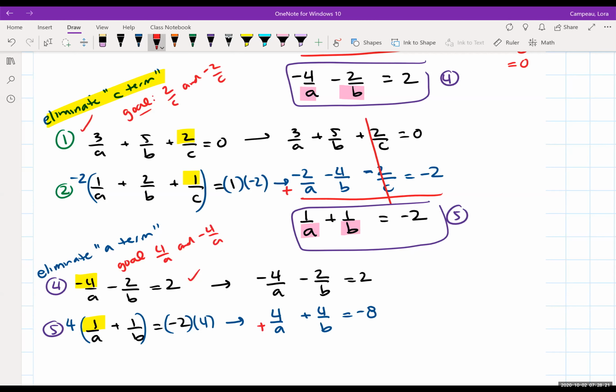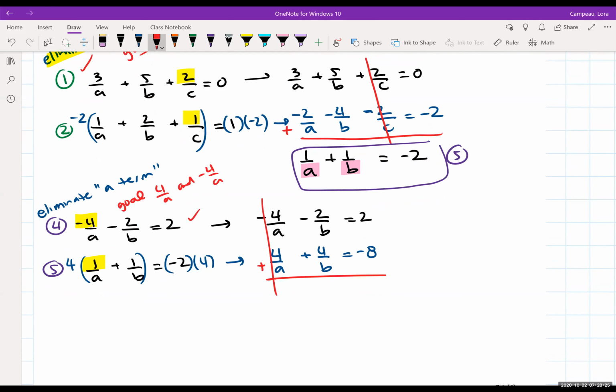And now we add vertically. The 4 over a terms cancel out. Negative 2 over b plus 4 over b is 2 over b. And 2 plus negative 8 is negative 6.